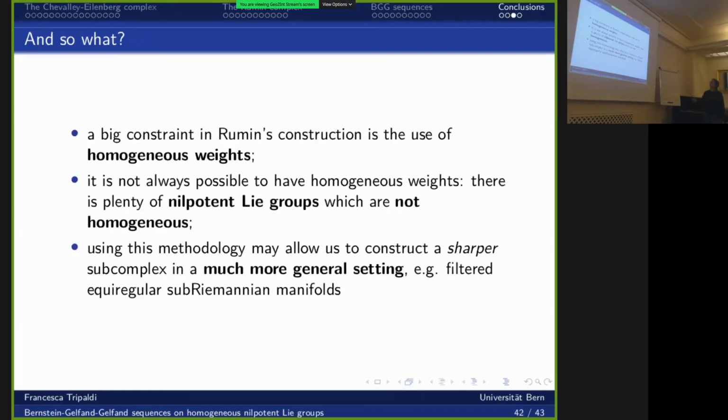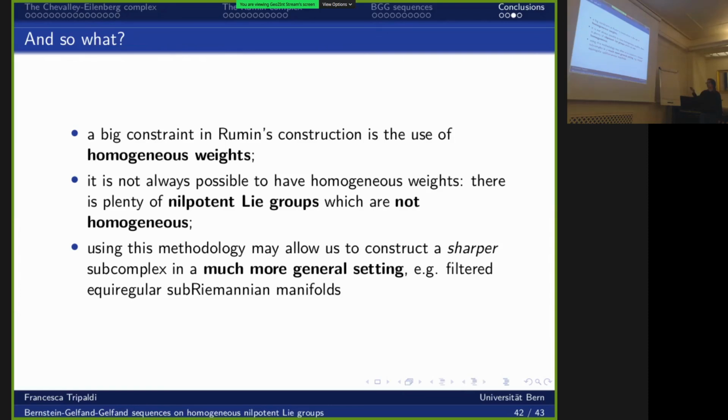Now the question is, and so what? The thing is, the Rumin complex was useful because it's a sharper subcomplex, okay? When you work with these sort of nilpotent groups, it's very hard to deal with the complete theorem because it has a lot of orders, and you would like a homogeneous differential. So if you shave off a few differential orders, then it's better, okay?